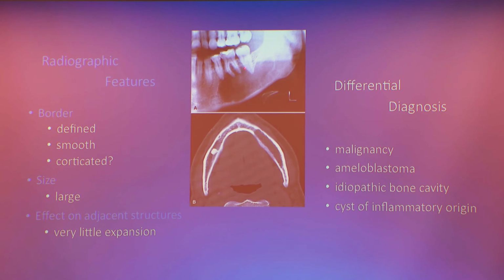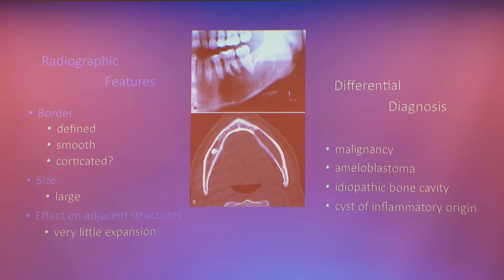And then the mylohyoid ridge continues on anteriorly, and this border I can't describe as anything normal anatomy. So the shape isn't right, even though the density might be. Also, there's a smooth border. It's corticated. There's a wall around it, basically. It's quite large, but if you look at the axial view, it's not expanding.